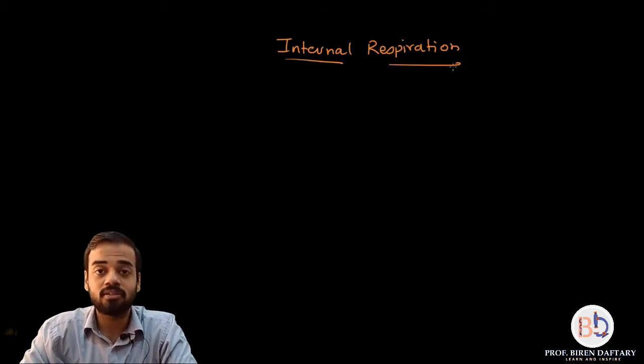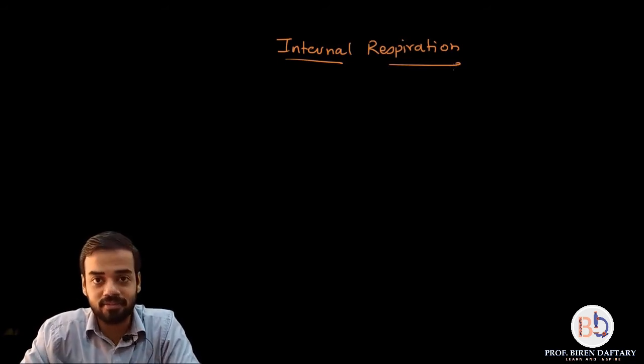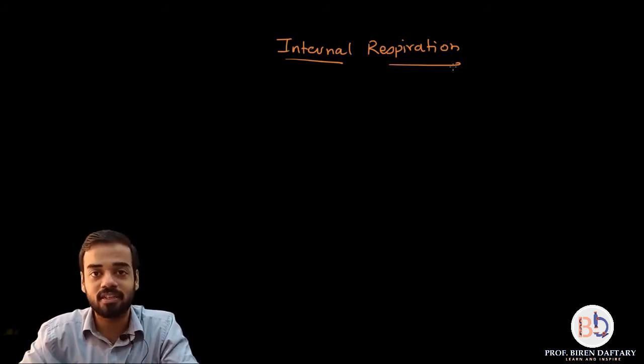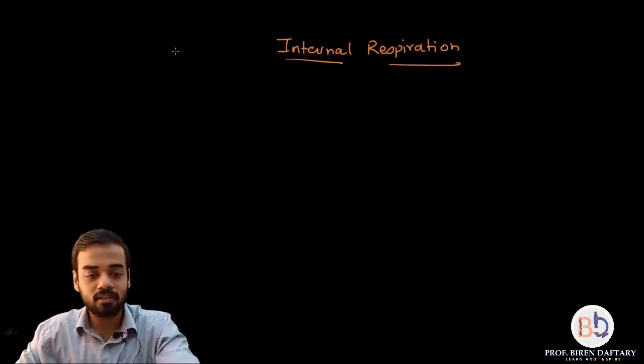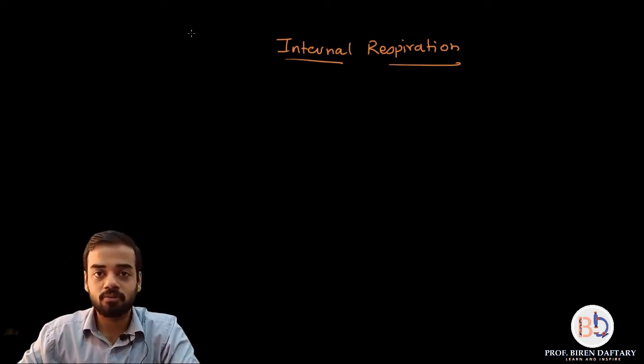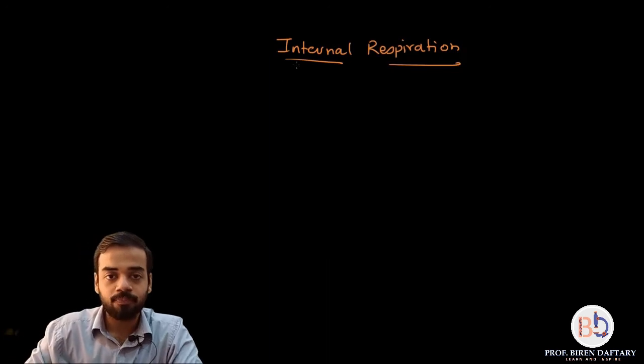Now this is the most important part of mechanism of respiration, remember that. Please pay attention and focus more on this lecture, because from the exam point of view also this part is very important. Under internal respiration, basically we have to study two things.